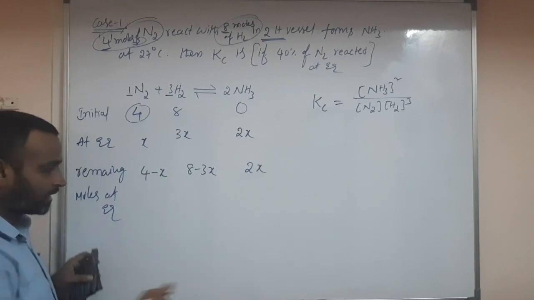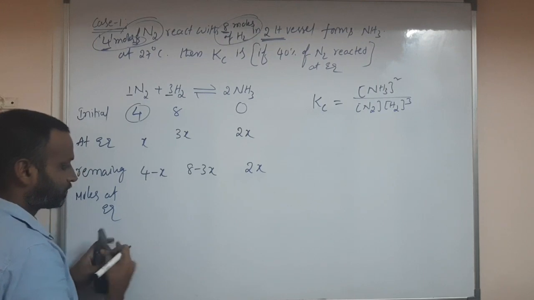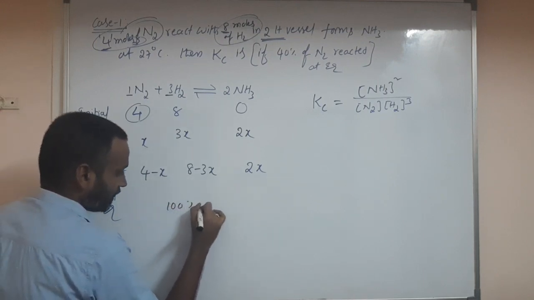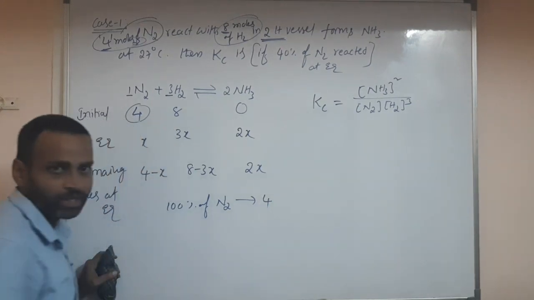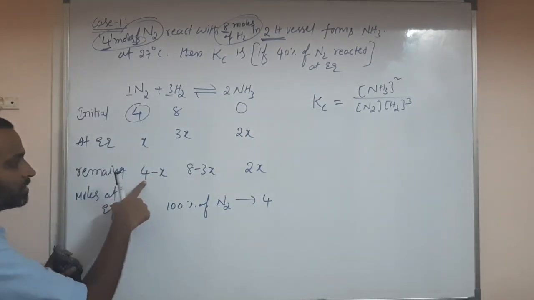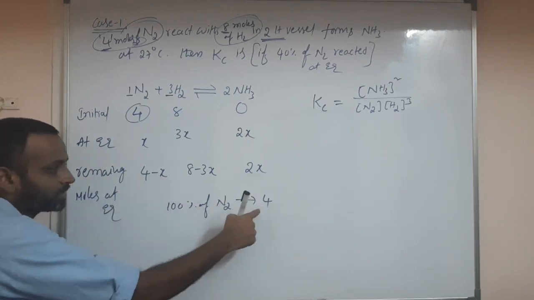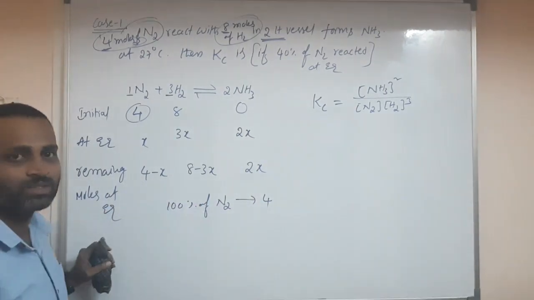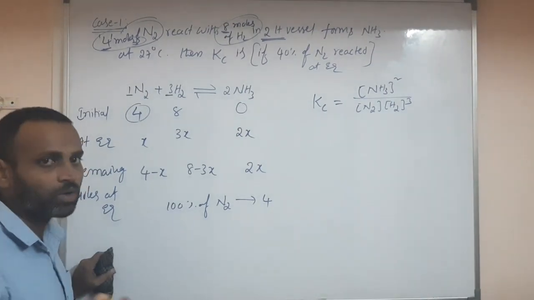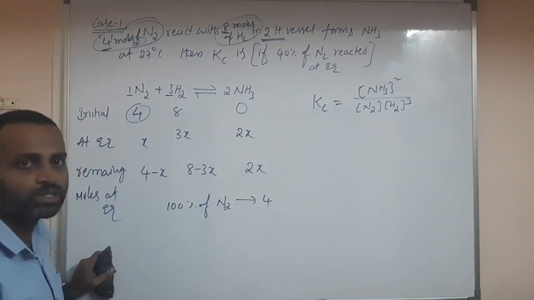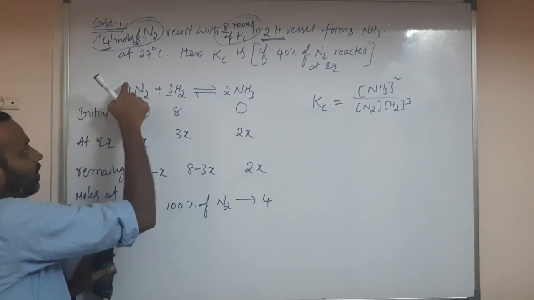Now same story, but what is 100% now? 100% of N2 means I have to take 4 moles, because remaining moles means we are subtracting some x from 4. So 4 is the 100% now. In the previous case 100% meant 1, because the vessel moles were not mentioned, so from the reaction I took 1 mole.